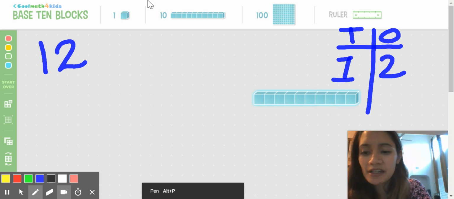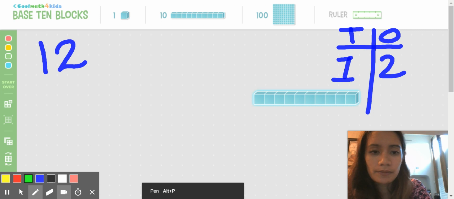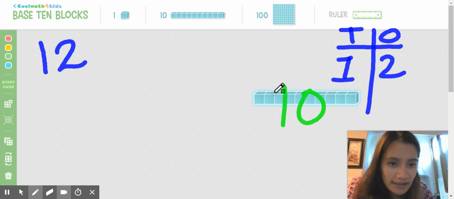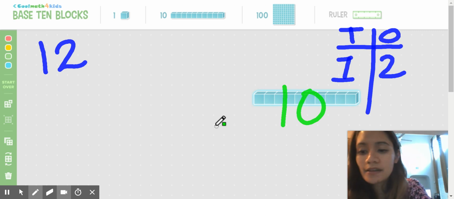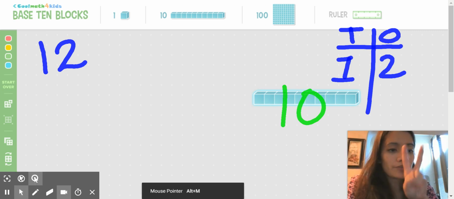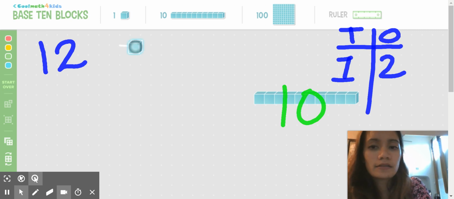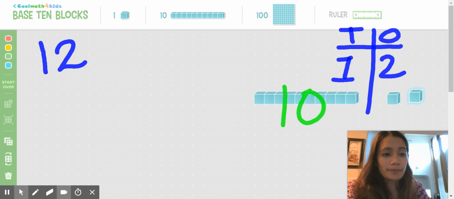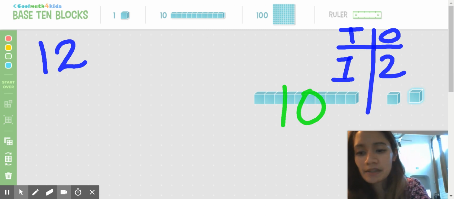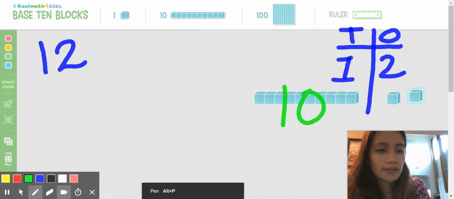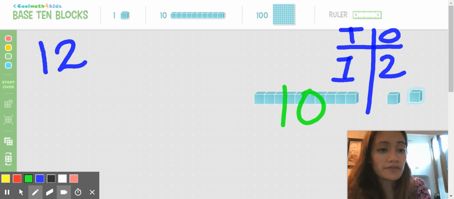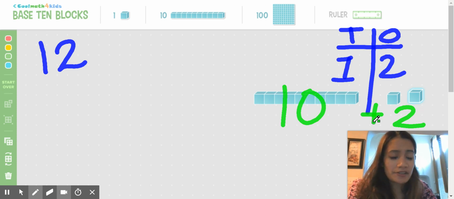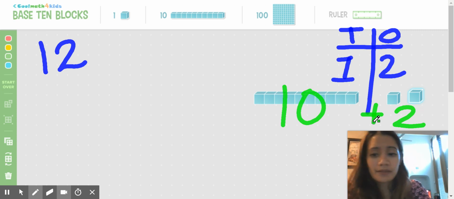And if I thought about the value of that, this would be 10 because there are 10 ones in this rod. And then you would take 2 ones, drag it over here, and you know that these represent counting by 1. So this would be 11, 12. So that's 2 ones. Now, there are different ways you can make 12.